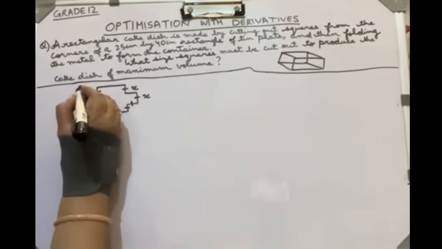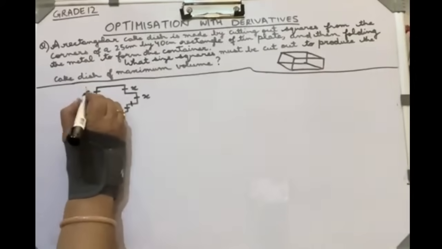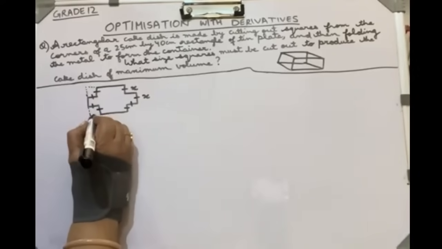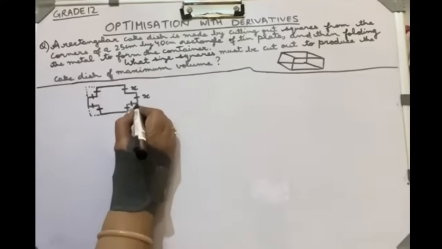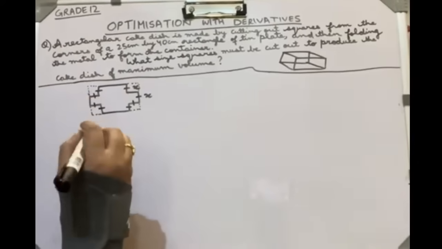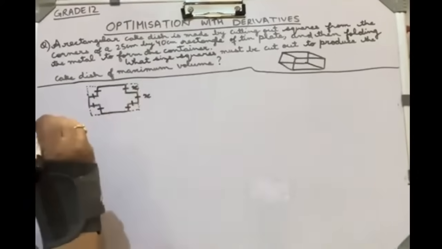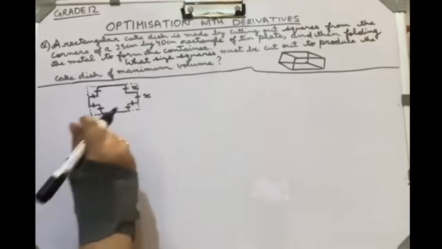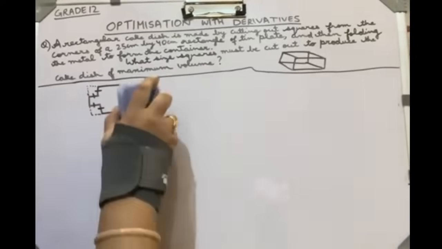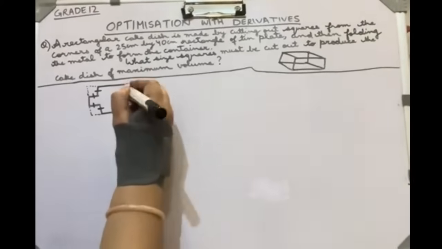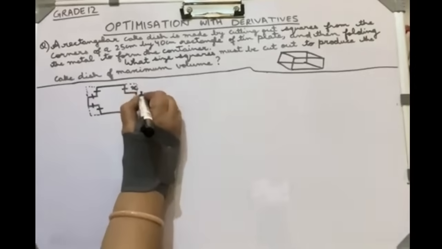Now, this is the original rectangle. I'm just using dotted lines to fill in the space. Now we note that the side lengths are 25 centimeter by 40 centimeter. Sorry, there's a mistake here. This is not x. We have to find the length of this part.